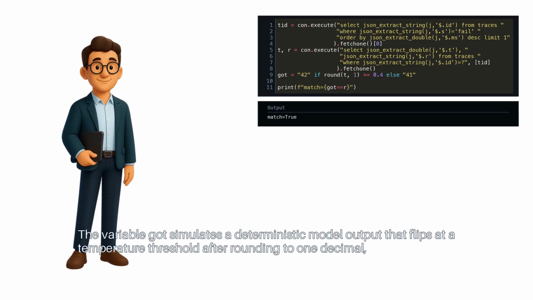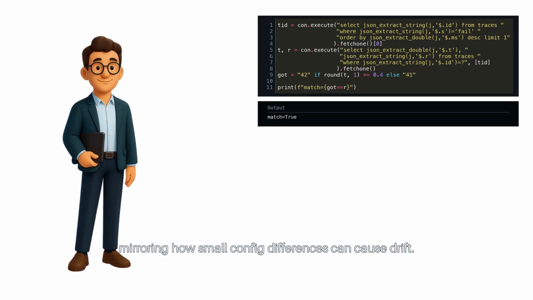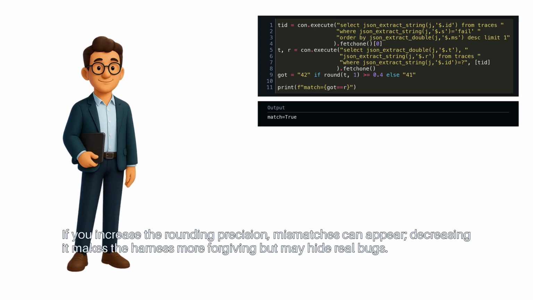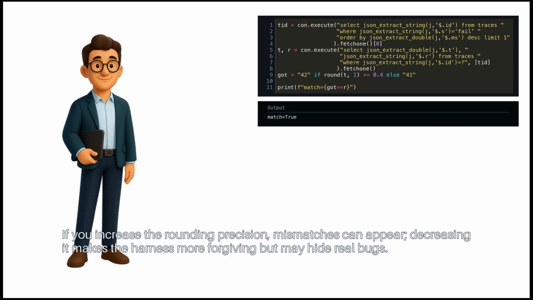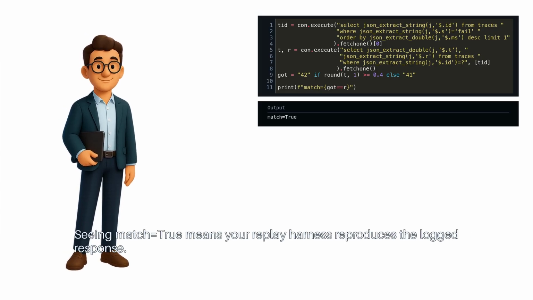The variable got simulates a deterministic model output that flips at a temperature threshold after rounding to one decimal, mirroring how small config differences can cause drift. If you increase the rounding precision, mismatches can appear. Decreasing it makes the harness more forgiving, but may hide real bugs. Seeing matched true means your replay harness reproduces the logged response.